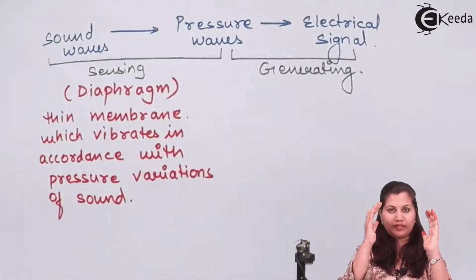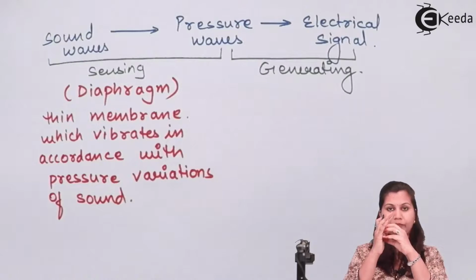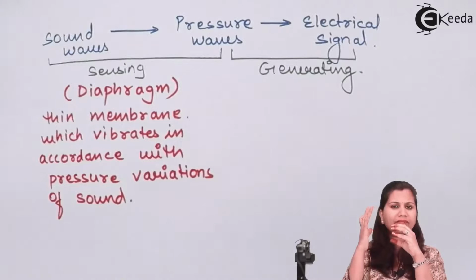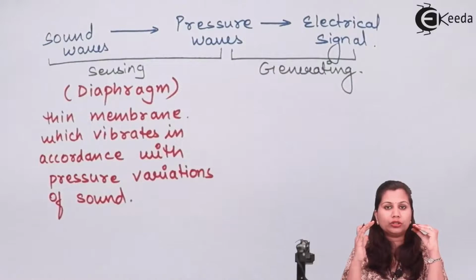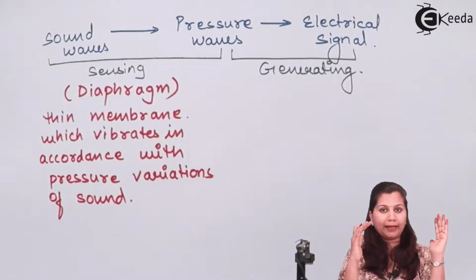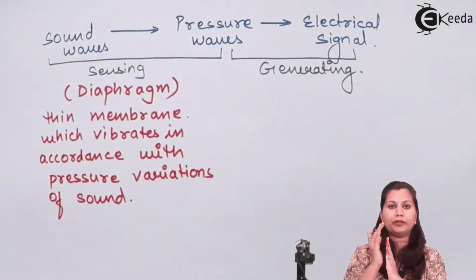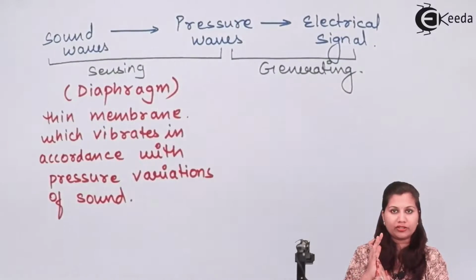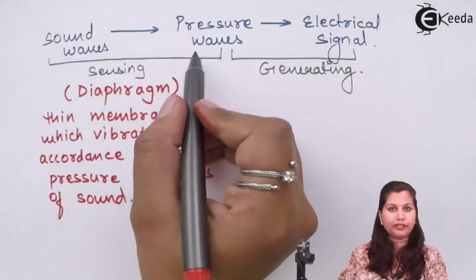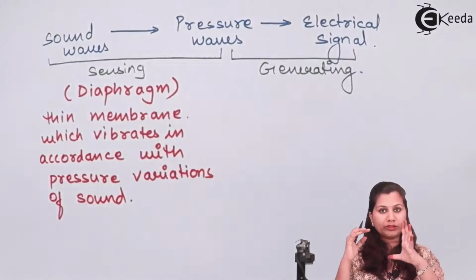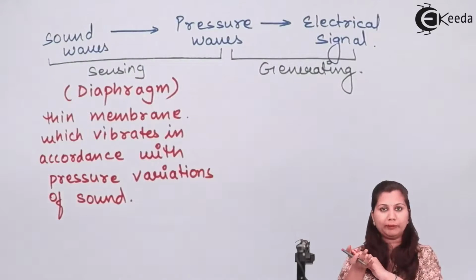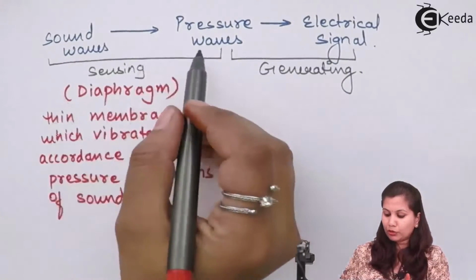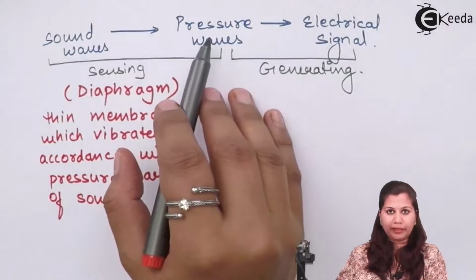Because when the sound waves strike the diaphragm, it is going to change its shape because it is a very thin membrane. So the amount of pressure applied by the sound waves is going to produce deformations in the diaphragm. Diaphragm is going to change its shape. So sound waves are converted into the pressure waves. The more the frequency of the sound waves, the more will be the pressure. The less the frequency, the less will be the pressure. So sound waves are converted into the pressure waves.